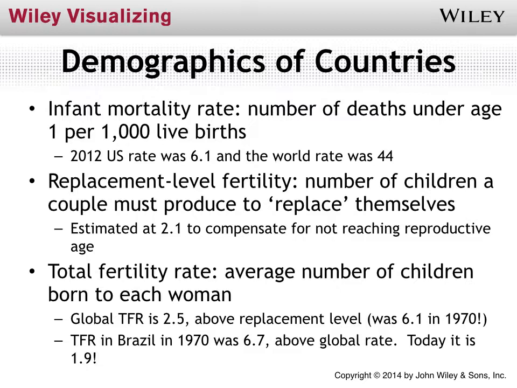So the global fertility rate is 2.5, above the replacement level. It was actually as high as 6.1 in 1970. The total fertility rate in Brazil was 6.7, above the global rate, and today it's down to 1.9. So again, you can see examples in countries like Brazil where they have dramatically decreased their birth rates to a level where it's a more sustainable or stable number.